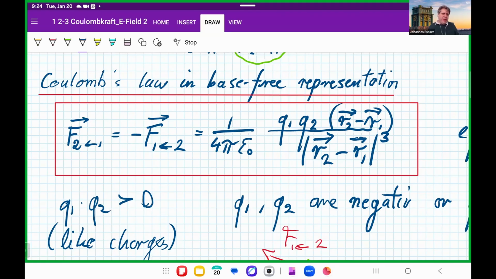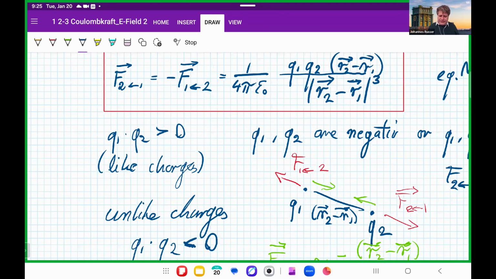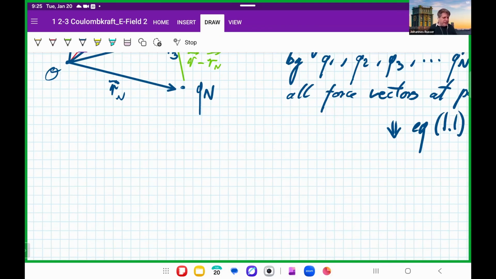For each pair Coulomb's law applies, and each pair exerts force on each other, and the total force exerted on the test charge Q is obtained by taking all the contributions of the surrounding charges. So we repeatedly use equation 1.1 and sum the contributions up.